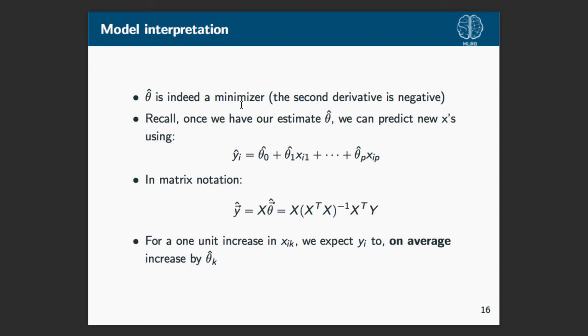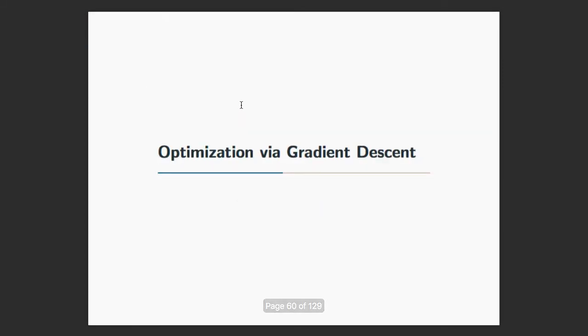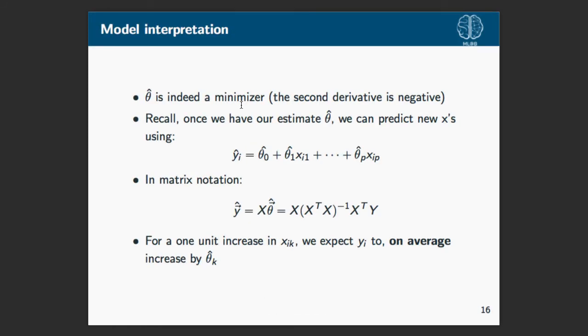Does that make sense to everyone? So perturbing our data point by 1 would cause our prediction to change by theta p. Is that because it's linear? Yeah, that's because it's linear. So just a little bit of how to interpret the model. Does anyone have any questions on any of this part before I move to the next part?